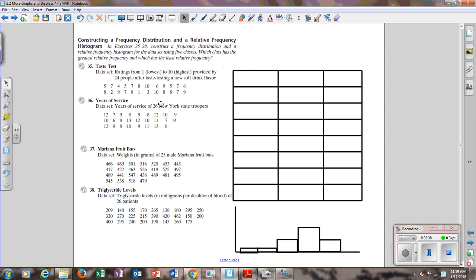All right, so our lowest is 6, and our highest is 14. So we do 14 minus 6 divided by 5, which will give us 1.6, which is about 2 when we're looking at this. So we're going to start at 6 and go up to 6, 8, 10, 12, 14.